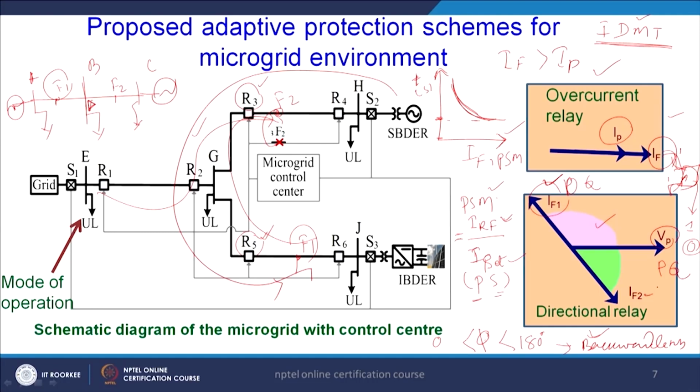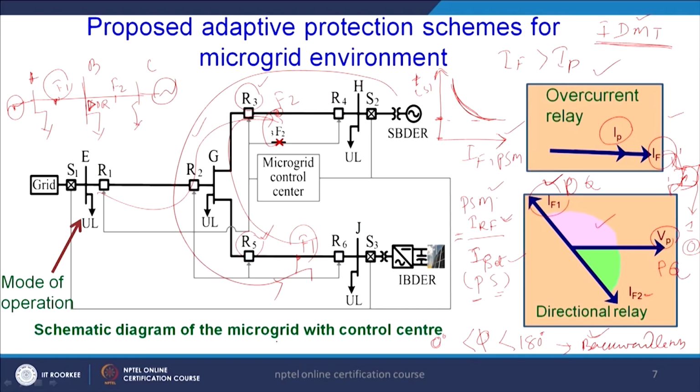So, the two fault components will lie in opposite directions. For fault F1, the angle between Vp and IF1 will lie between 0 degrees and 180 degrees. If so, this directional relay will declare that the fault is behind this relay, it is not in front of the relay.